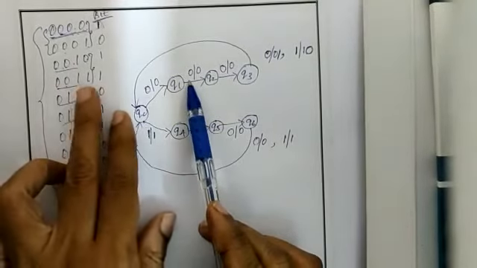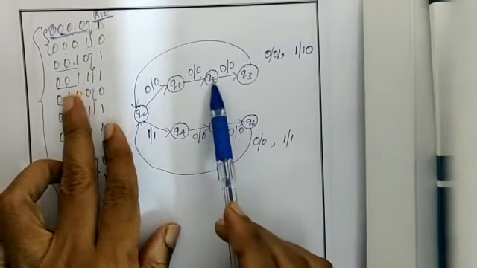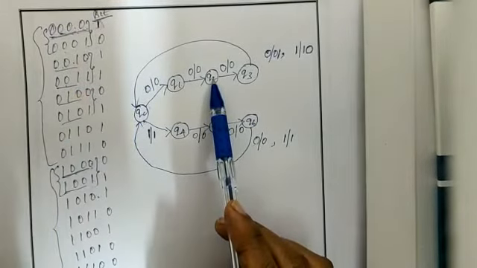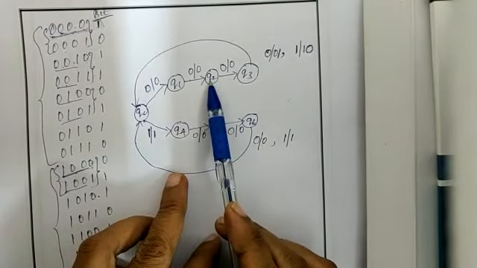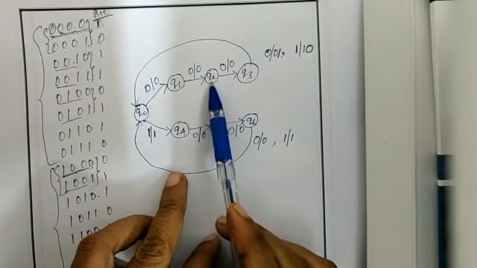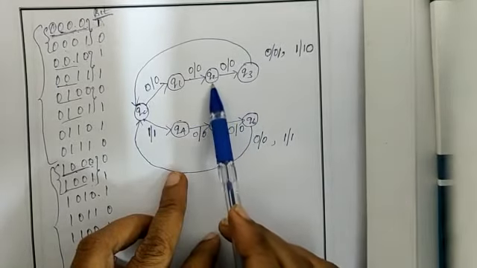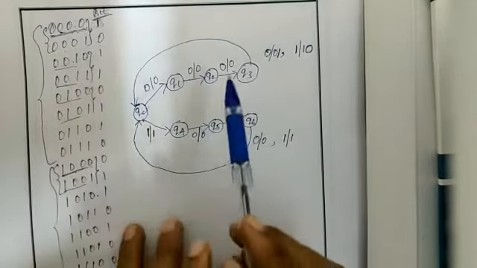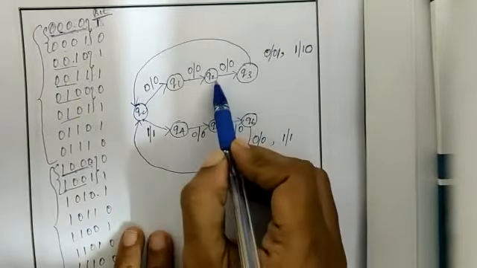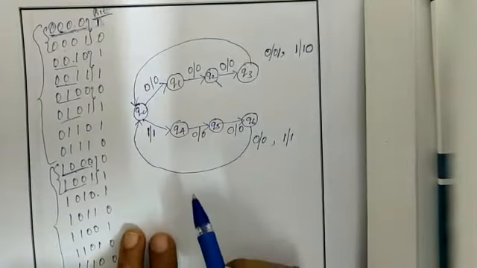Right, now my Q2 should take 1, and I should find out where this 1 can be moved. When Q2 takes 1 input, what about the transition I should find? Here see 0 0 1, 0 0, this 1, where I should move the 1.